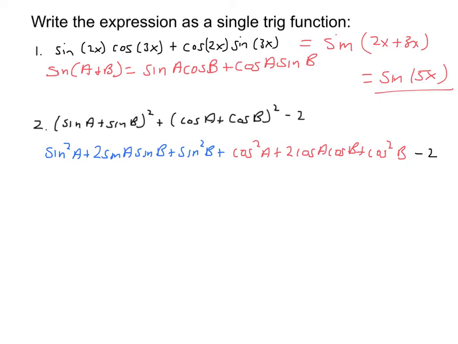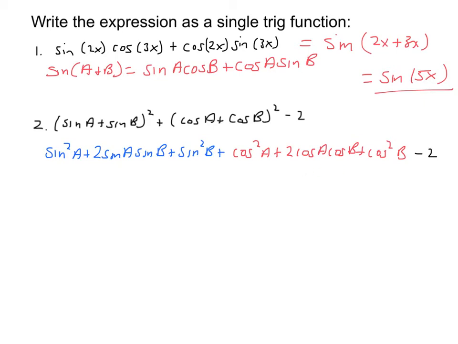Now what I'm going to do is move things around a little bit. Everything's addition here, so that's nice. I don't have to worry about any negatives. I'm going to bring the squareds with A together, the squareds with B together, and the other parts together as well.